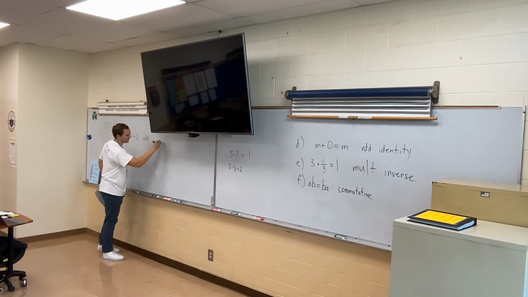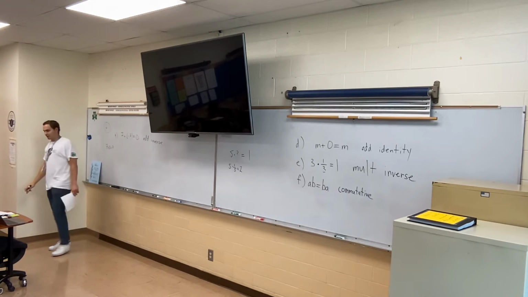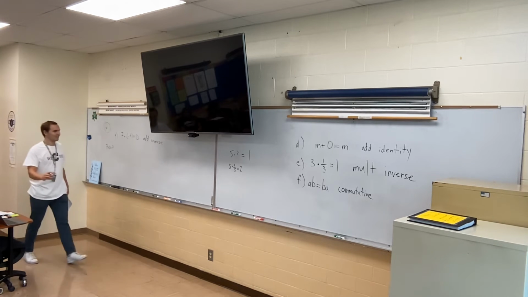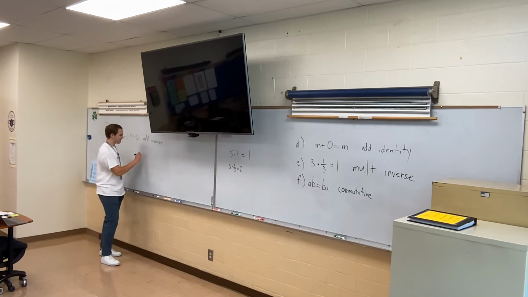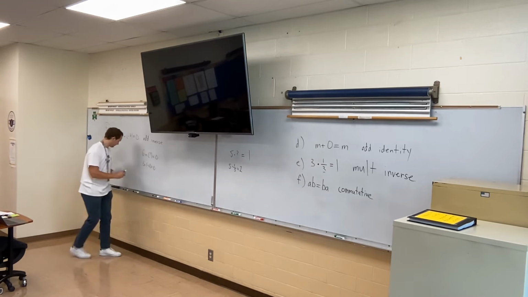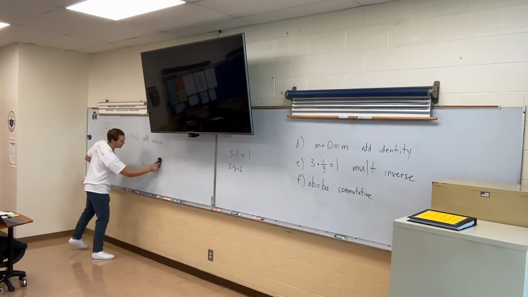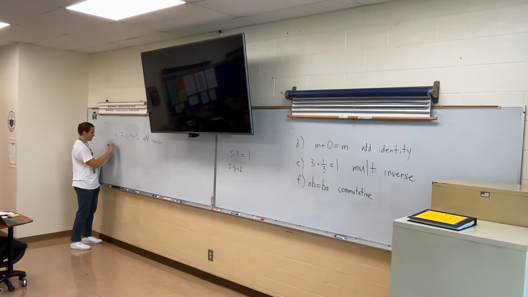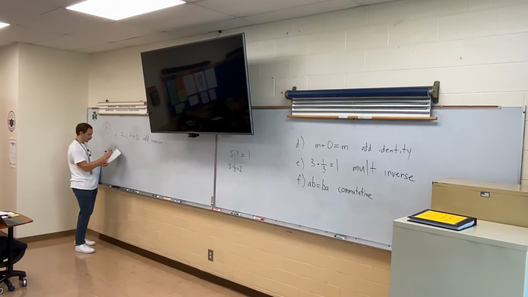Is that confusing? Someone give me a real number, please. I heard 6. All right, so there's a number I can add to 6 to get 0, and that number is -6. So then we have H.